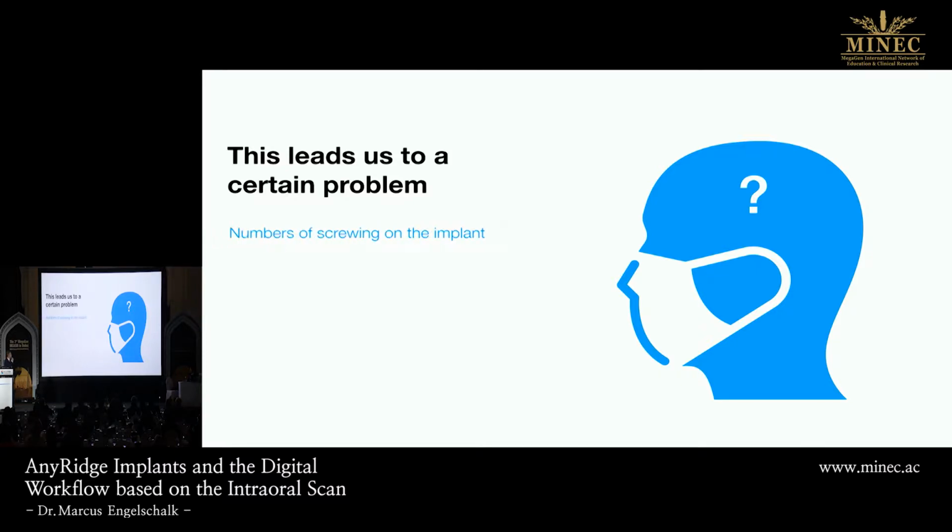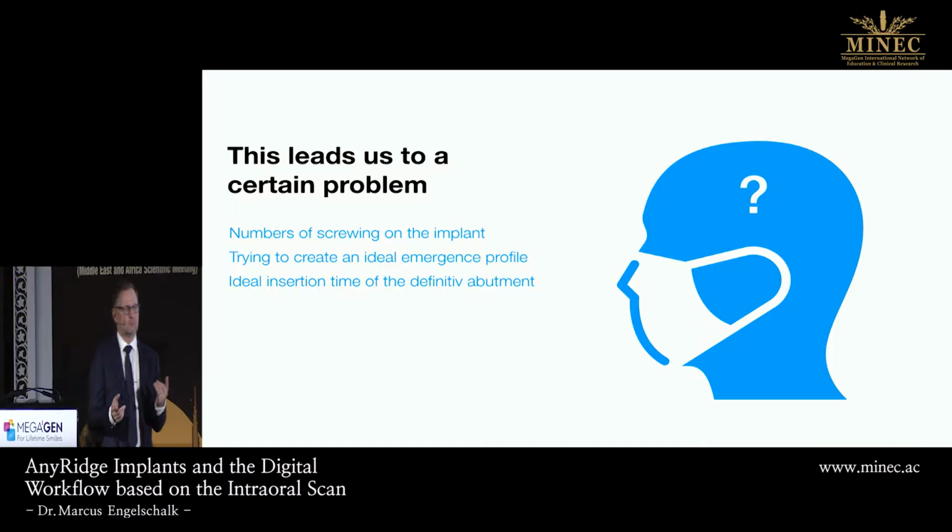Okay, we have to reduce the number of screwings on an implant. We have to create an ideal emergence profile with our prosthetic. And what is the ideal time for the definitive abutment? At the time of surgery would be great, but how to do it?